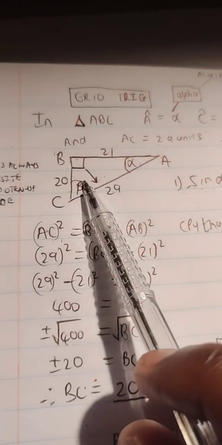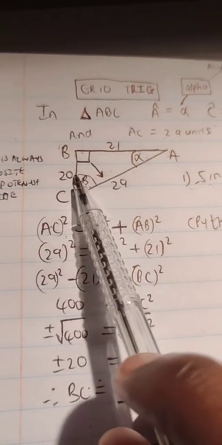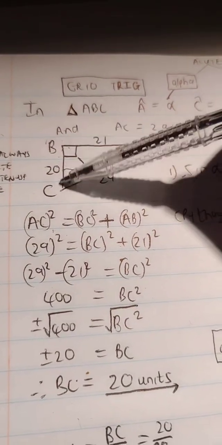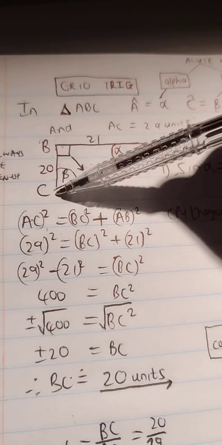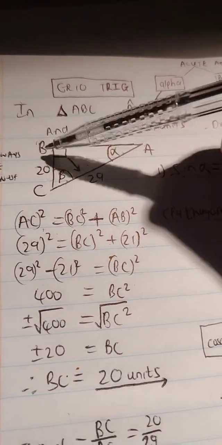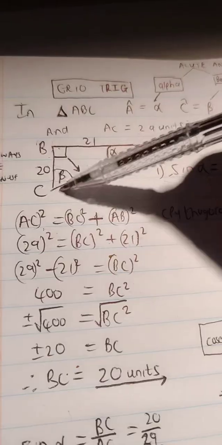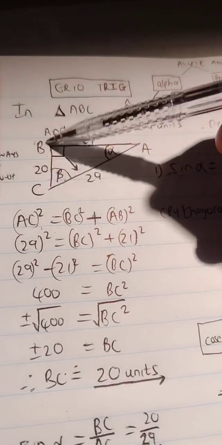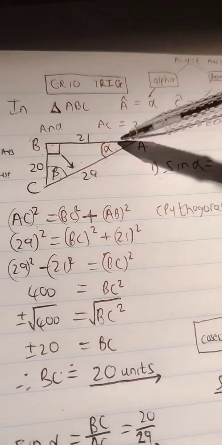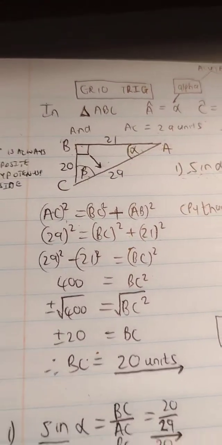So therefore, if I'm going to say cot beta, there is angle beta. I'm going to locate my adjacent side. What is the adjacent side of angle beta? It is BC. What is my opposite side of angle beta? It is AB. So cot then is BC over AB. In other words, it is 20 over 21.